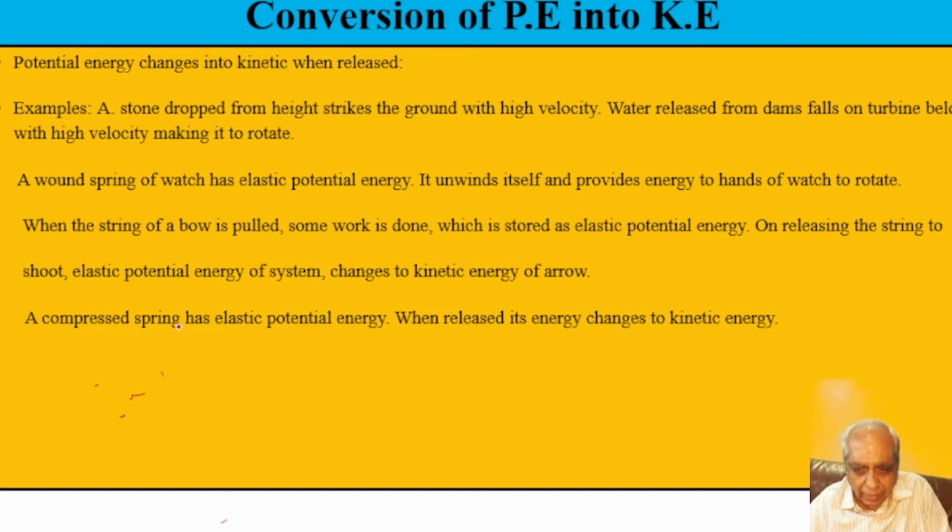In bow and arrow, the similar thing is there. When you release your hand, the potential energy of the arrow will get converted to its kinetic energy and it will go ahead with high speed. Similarly, a compressed spring also has potential energy. When you release it, it will get converted into kinetic energy.